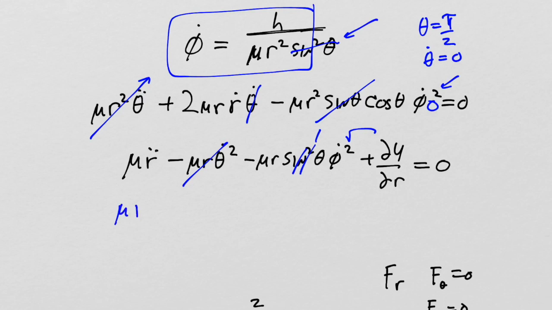So we get mu r double dot minus mu r, and then this becomes h squared over mu squared r to the fourth, because this sine squared is now equal to 1, right?